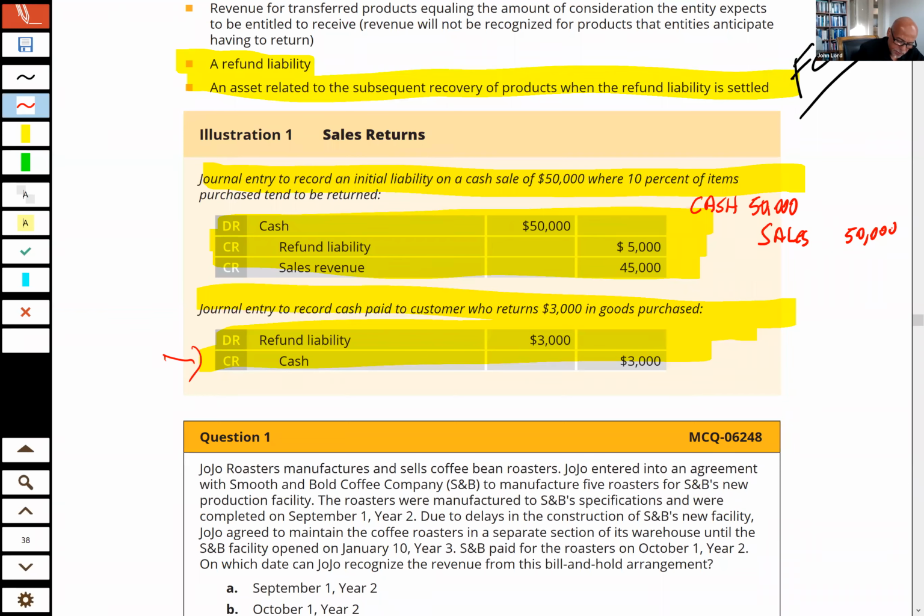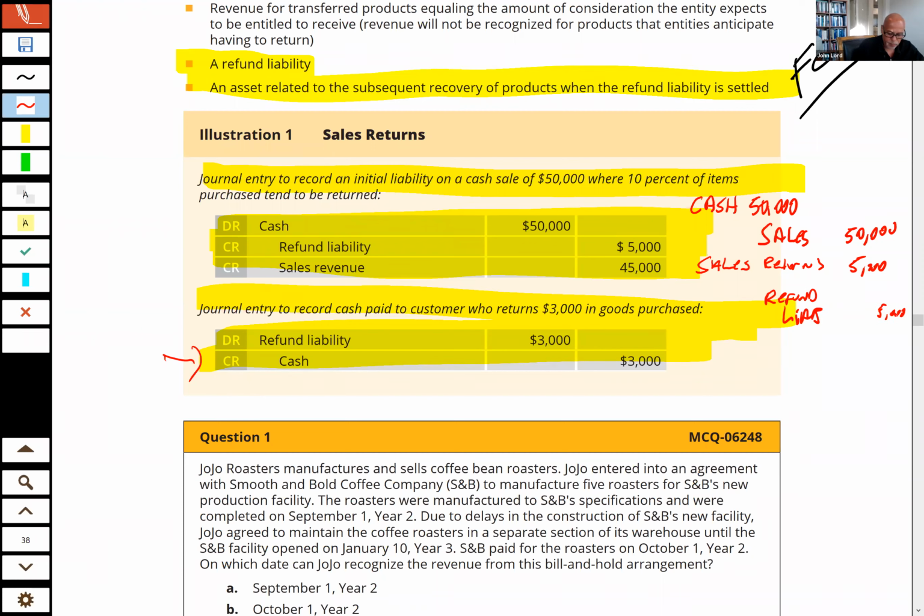And then there's nothing in the accounting rules that prohibit me in a situation like this from debiting my sales returns for 5,000 and crediting that liability, refund liability, whatever. For 5,000, that's a credit.